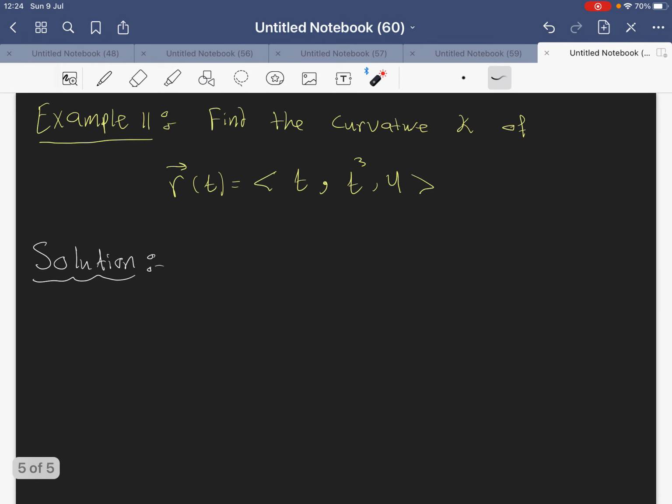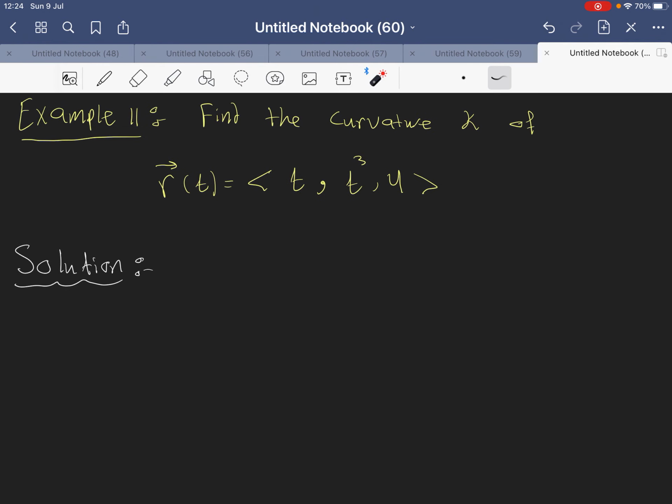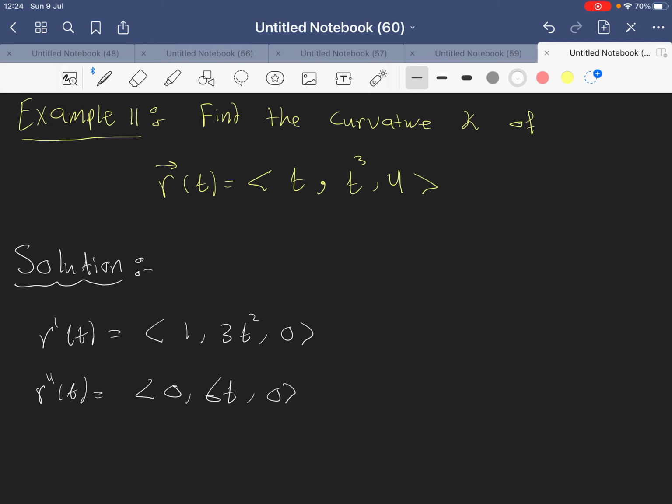Next and final example in this part is the curvature k for this curve here. Well, again, we don't have many options to do here. We just have to find the derivative, and it will be 1, 3t squared, 0. The second derivative will be 0, 6t, 0.